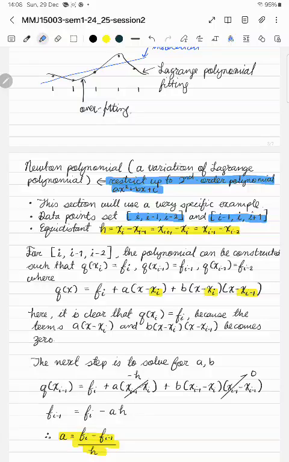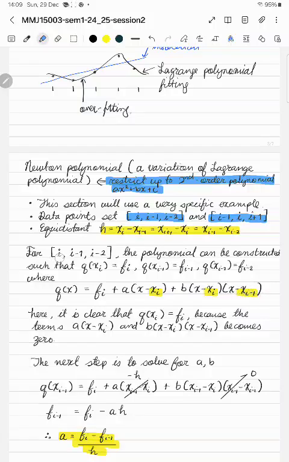Basically, in the quadratic equation, f_i is our c. Then plus a(x minus xi), again our reference at i, plus b, the coefficient that we need to resolve, times (x minus xi), again taking from the first term, multiplied by (x minus xi minus 1).